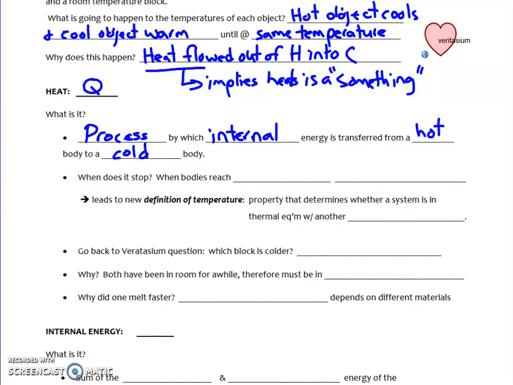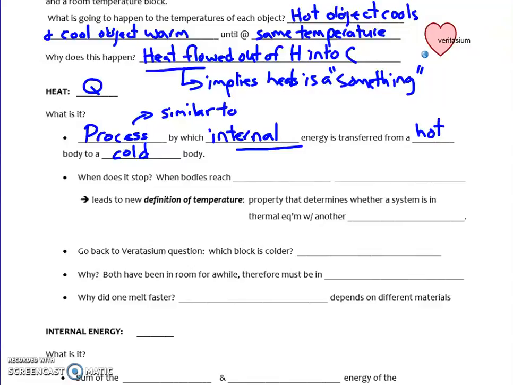Okay, so what's really flowing, if anything's flowing from one body to another, is this thing called internal energy. Heat is the process by which it occurs. And we've learned about another process associated with energy. And so I don't have a dots list, but this is very similar.